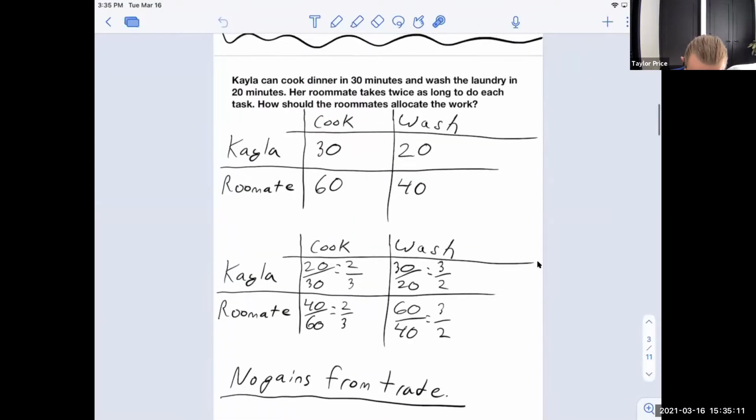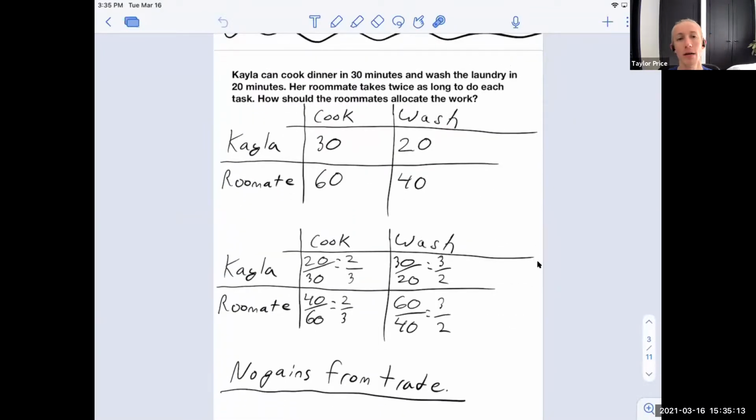Okay. So then for the next one, basically the same setup. In this case, Kyla can cook dinner in 30 minutes and wash the laundry in 20 minutes, and her roommate takes twice as long to do each task. So the question is, how should the roommates allocate the work? Once again, we're just going to take the opportunity cost.